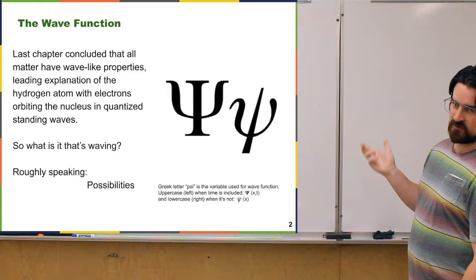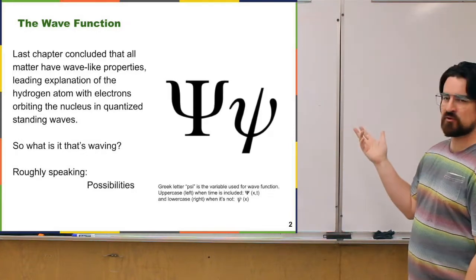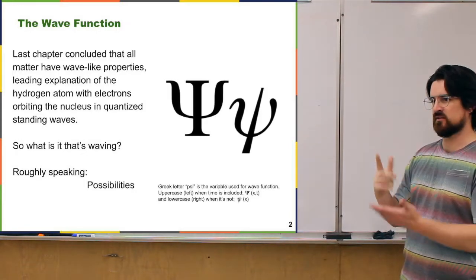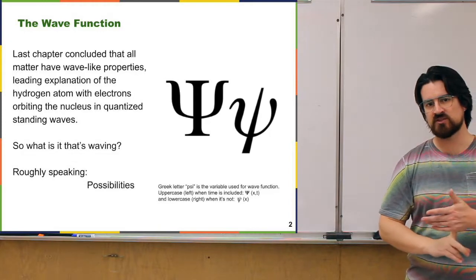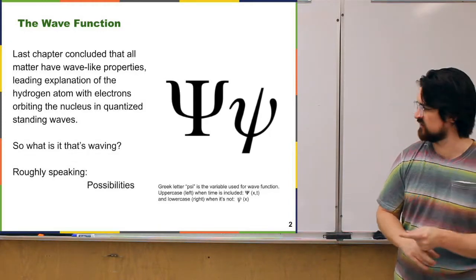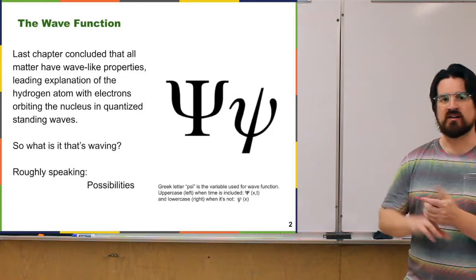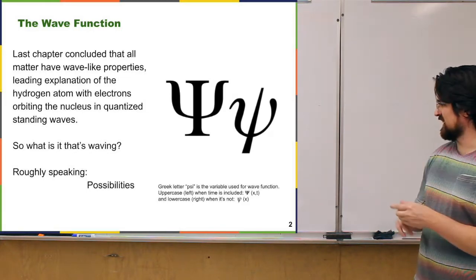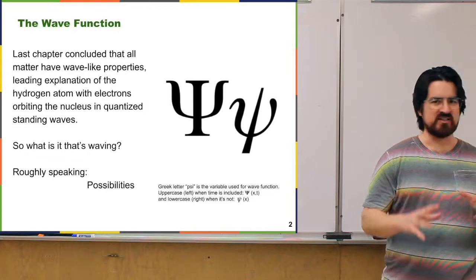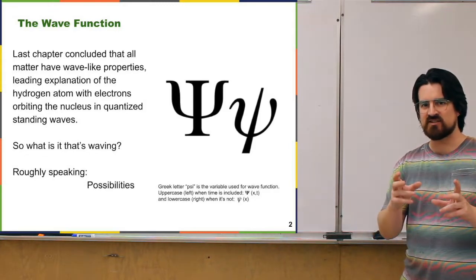Just a note about the notation here: the capital psi is usually used when time is included in the wave function, so when it is a time-dependent function. The lowercase psi is usually used when it is independent of time, a time-independent function. And it's a little bit screwy. You might see slightly different looking psis here and there.